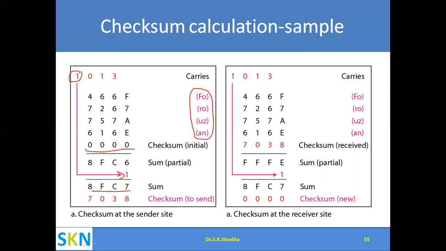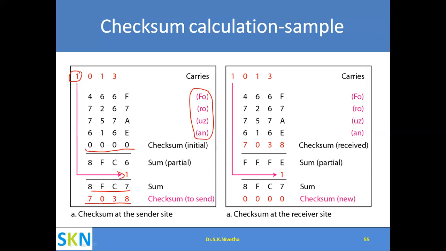Here we subtract from 15, the maximum digit in hexadecimal. So 15 minus 7 is 8, 15 minus C, where C is 12, is 3, 15 minus 15 is 0, 15 minus 8 is 7. So this is sent along with the original data.